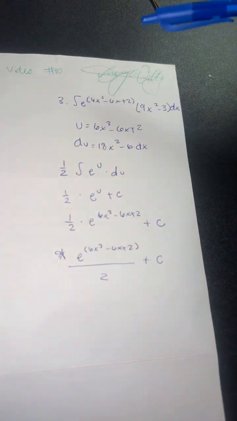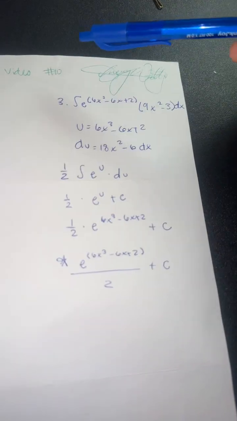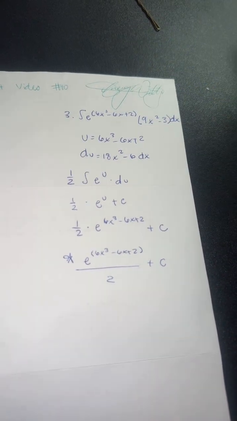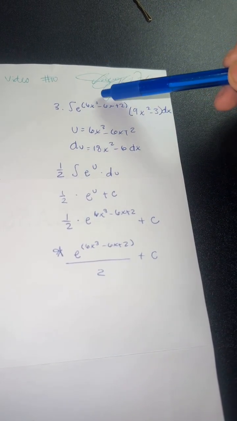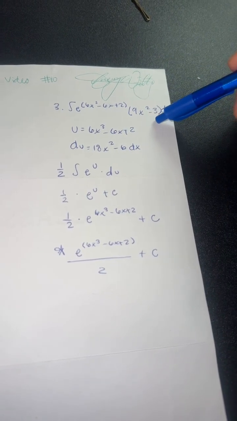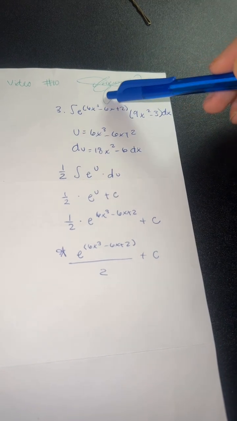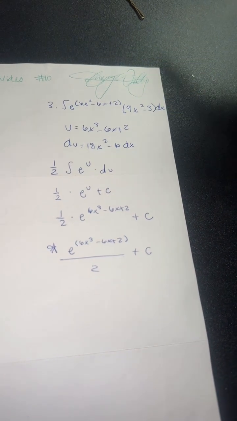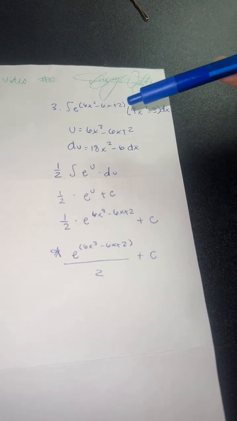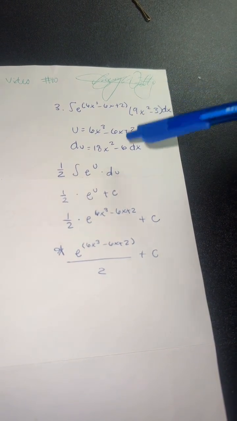For our final problem, we've got one that's using e. We're trying to find the integral of e raised to 6x cubed minus 6x plus 2, times 9x squared minus 3. In this case, our u is whatever e is being raised to, so 6x cubed minus 6x plus 2, and the derivative of that is 18x squared minus 6.